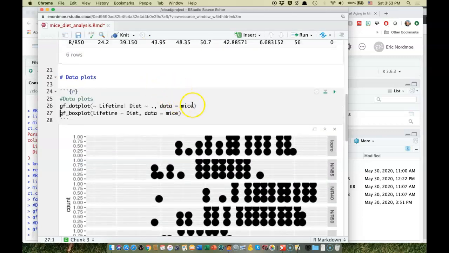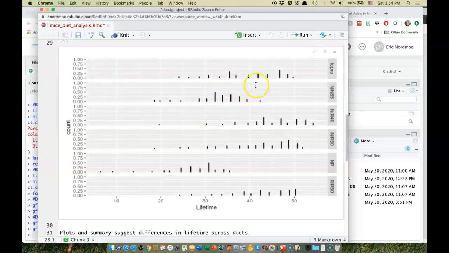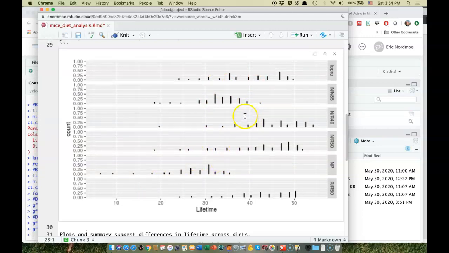Now we'd probably want to reduce the dot size. So let me undo this, and I'll give you one more version of this. I wouldn't usually use the dot plot here because we have a pretty large sample size in each group. But just so that you have it for reference, I'm going to make it 10% because that is a large sample. All right, so that shows you the detailed data.